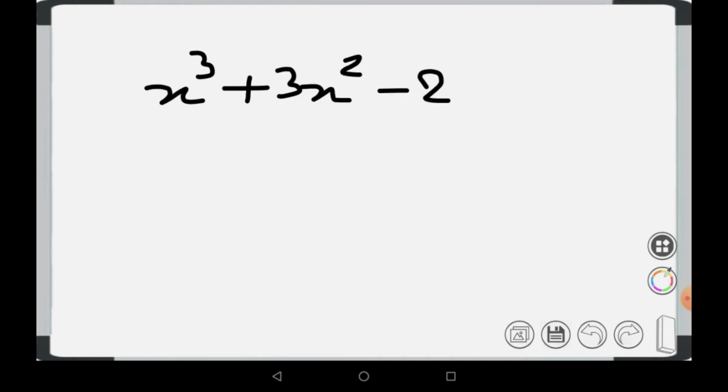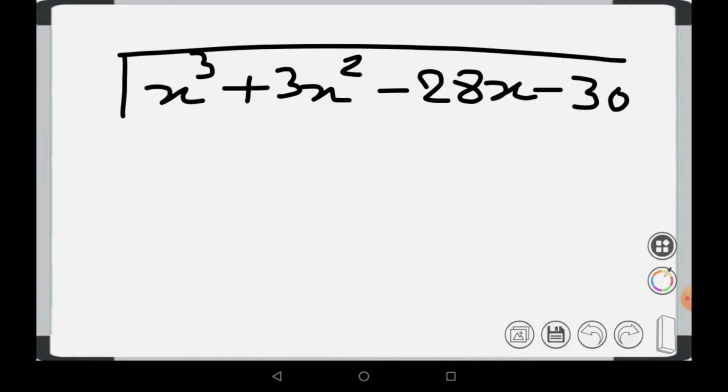Let us divide x cube plus 3x square minus 28x minus 30 by the polynomial x plus 6.